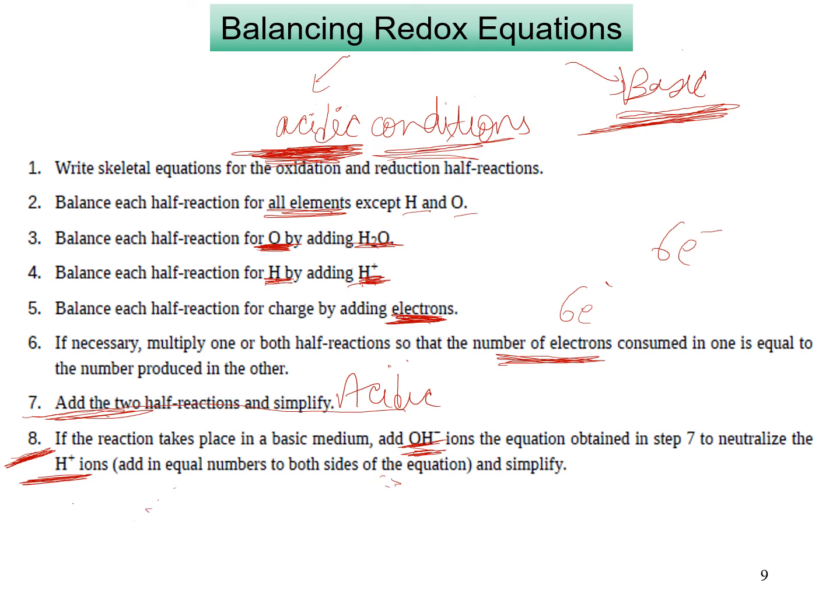Okay, so add hydroxide ions in the equation obtained in step number 7 to neutralize all the proton ions on both the sides. Okay, remember acidic condition has protons, so that's good. But if your reaction is basic, you cannot have protons. So that's why whatever is the number of protons present, you add the same number of hydroxide on both sides of the equation. Okay. Next, you will simplify it, and I'll show you how to simplify it step by step.